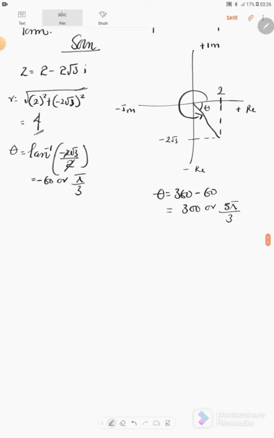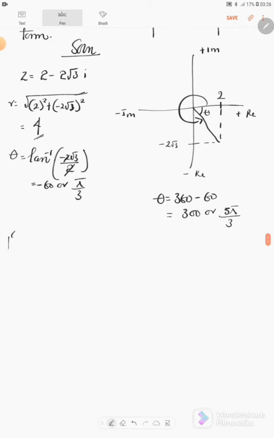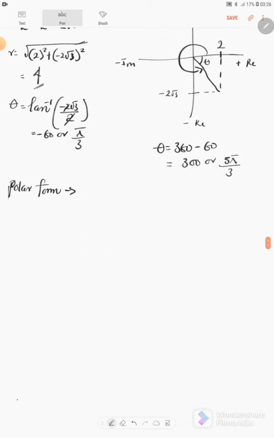Now taking this to polar form, the polar form formula states that r open brackets cos theta plus i sine theta close brackets, and our r is what? 4 open brackets cos 5 pi over 4 plus i sine 5 pi over 4.